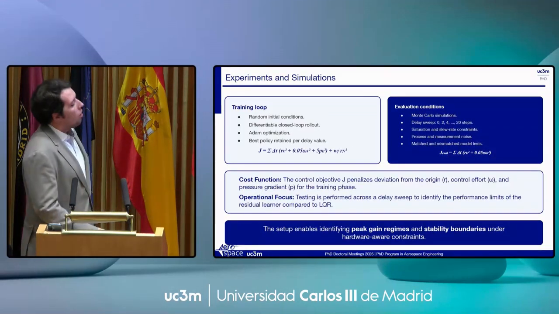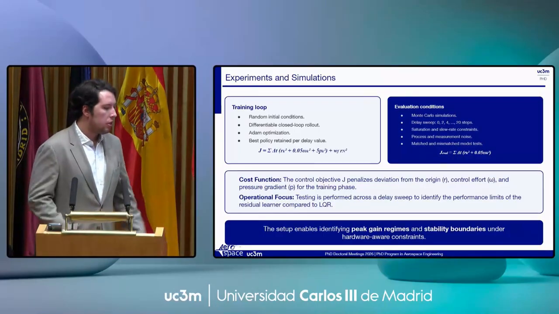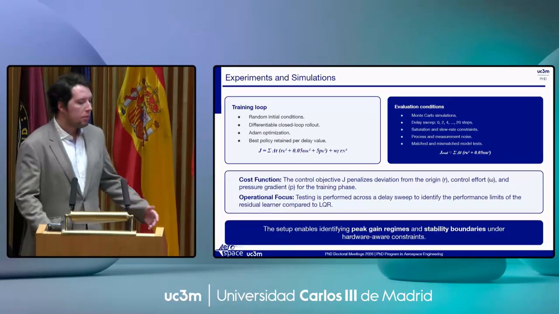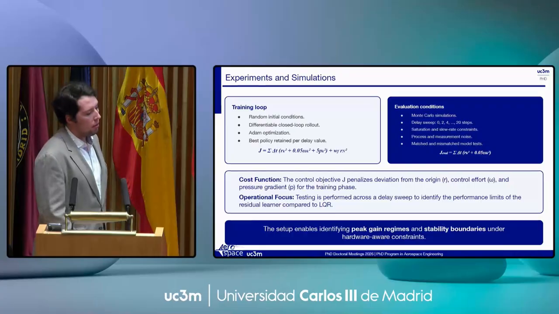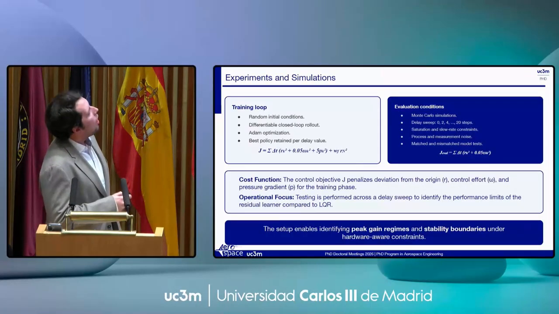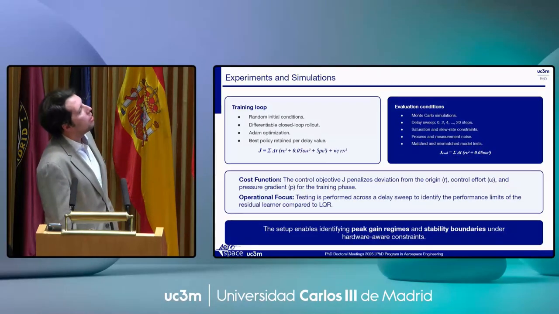The training loop: we start with random initial conditions, differentiable closed-loop rollout, Adam optimization for the neural net, and the best policy retained per delay value, and we use this cost function. This is just the way to measure how fast our cost function is achieved.